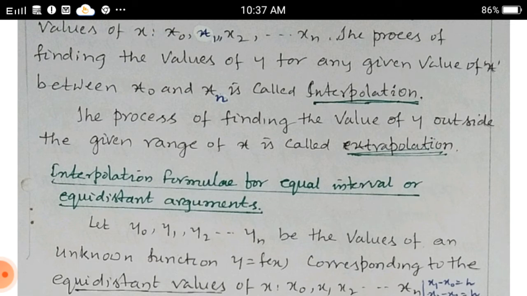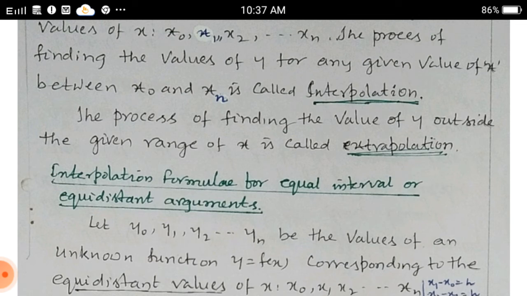That is, to find the value of y between x0 and xn, we call that interpolation. To find the value of y at a value of x outside or around x0 and xn is called extrapolation.